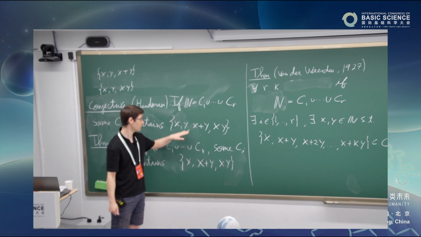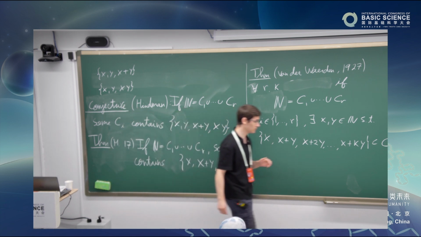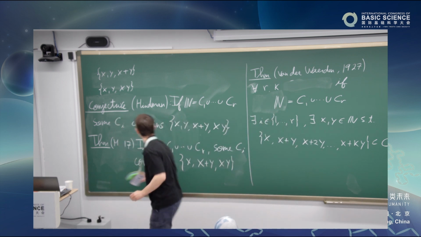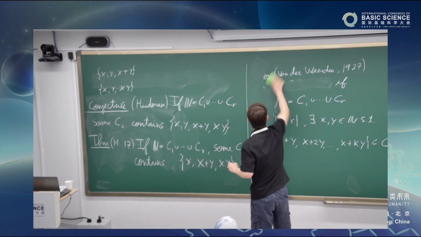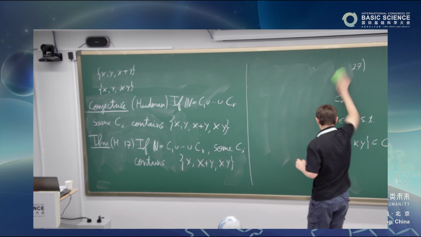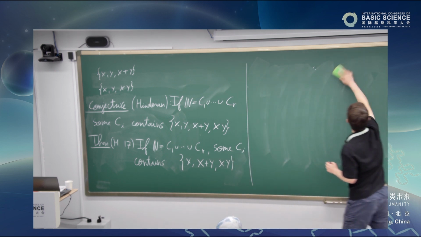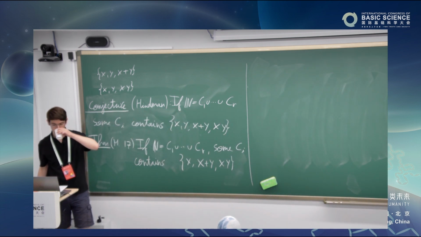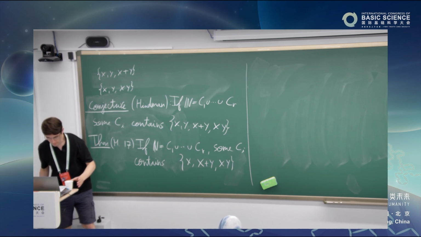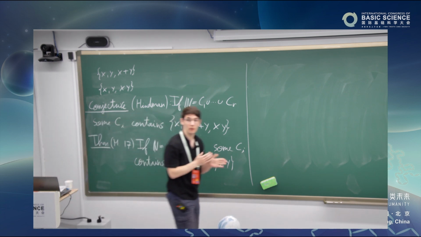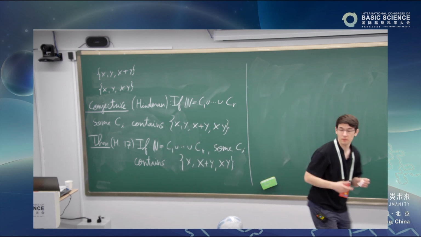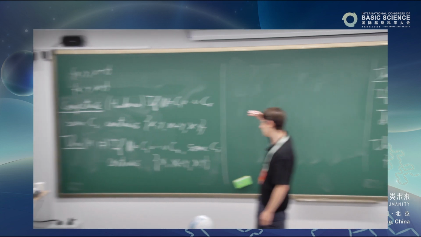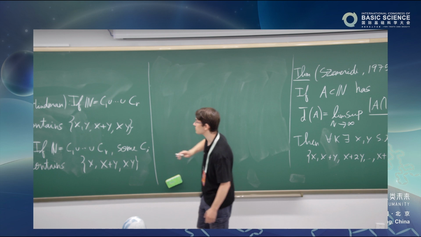But we don't know yet if y is in the same color. So I hope the statement is clear. Let me tell you a bit about the history of this conjecture and this theorem.